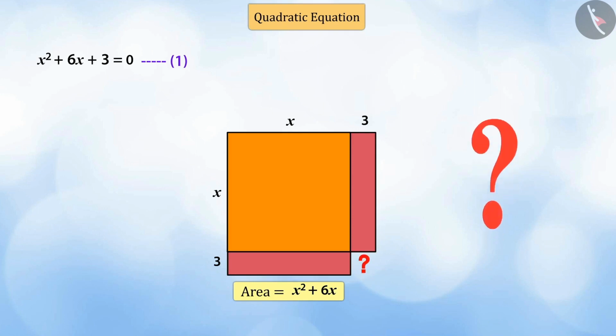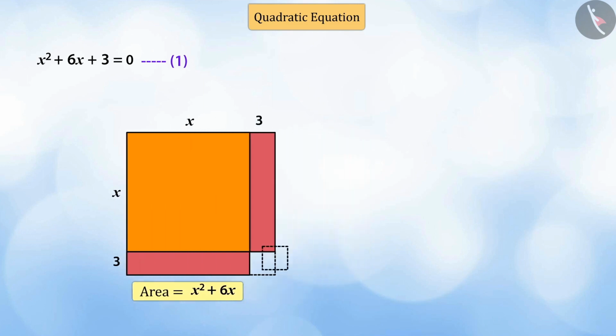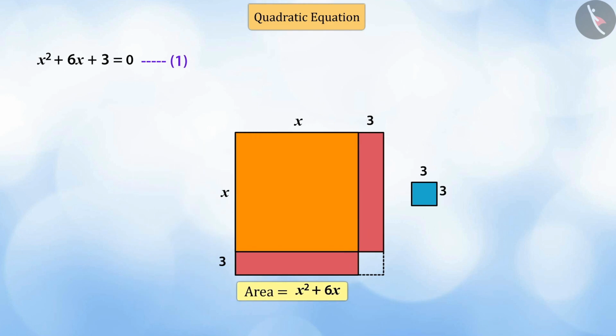Can you guess what should be done to complete the shape as a square? In order to complete the shape, we need a square piece of side 3 units. Let's add a square piece of side 3 units to the figure.